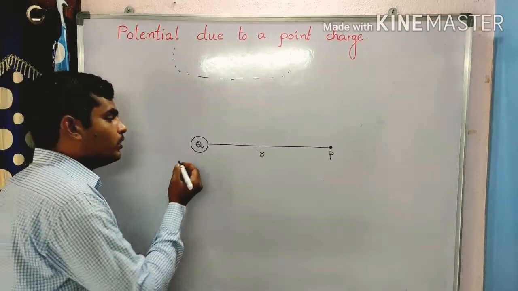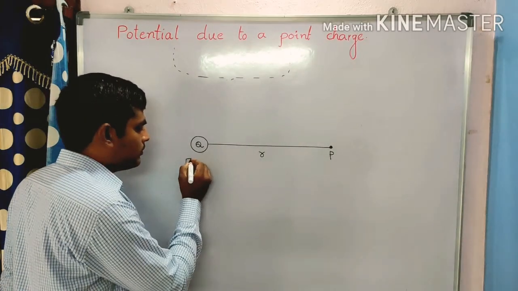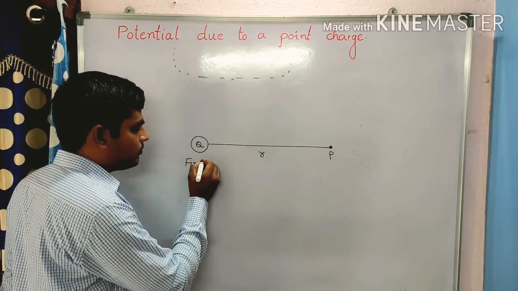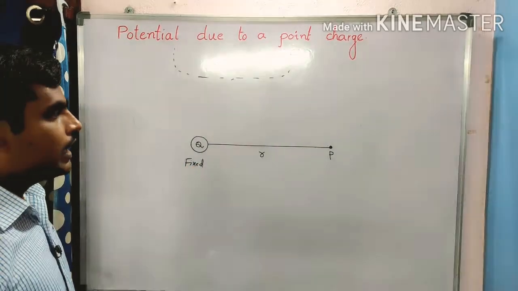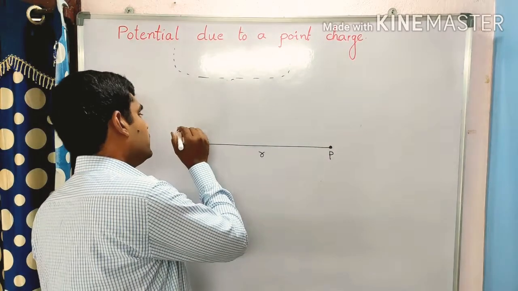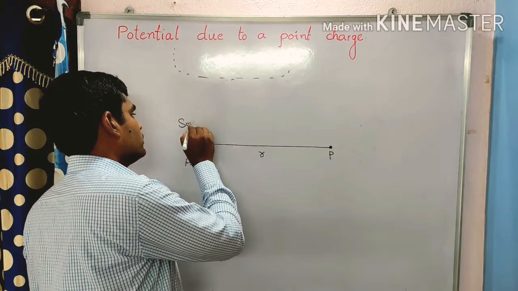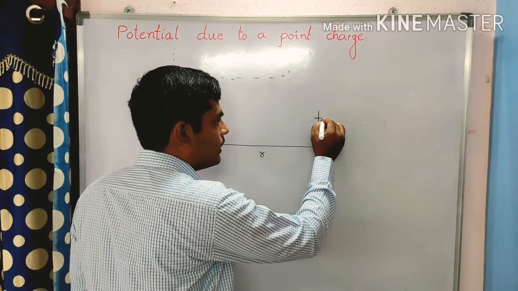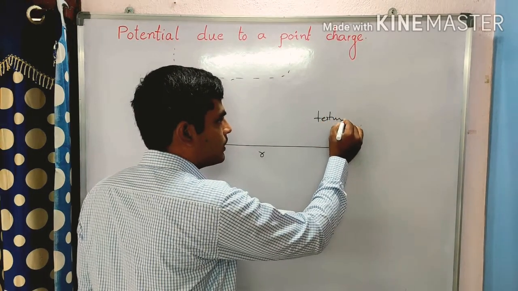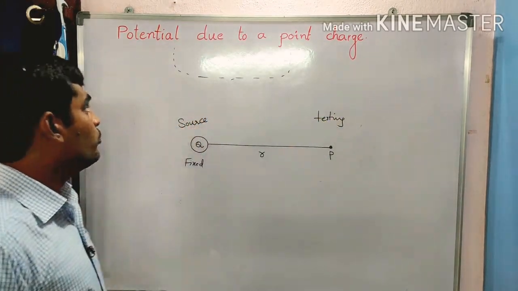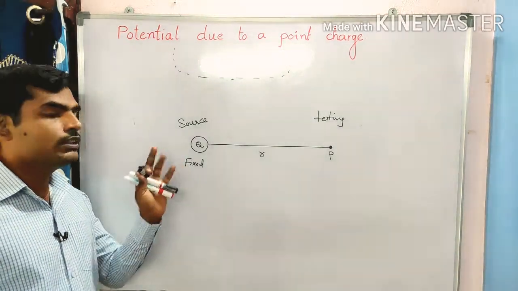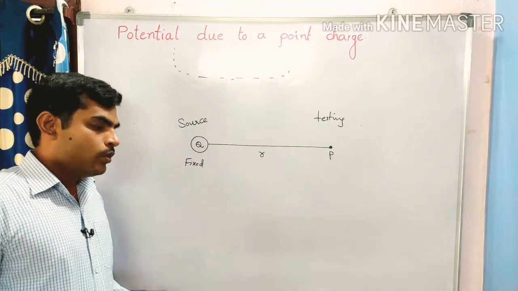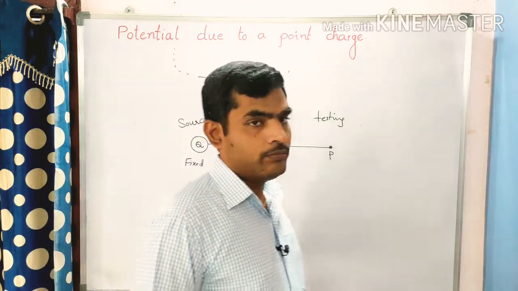Now here this is fixed at a particular point, and this is called the source charge, and this is the testing charge. We have to find the electric potential due to this charge. Already we learned what is electric potential.